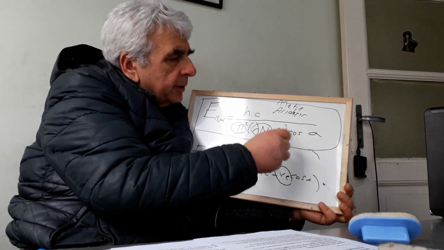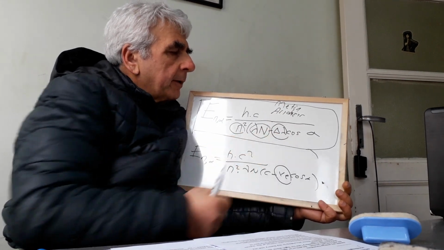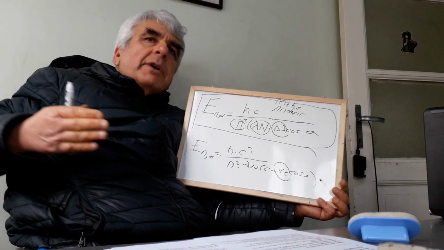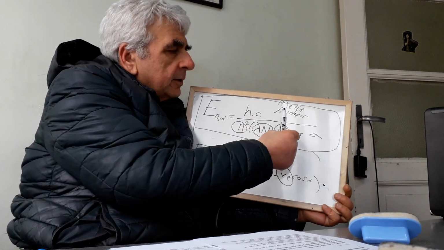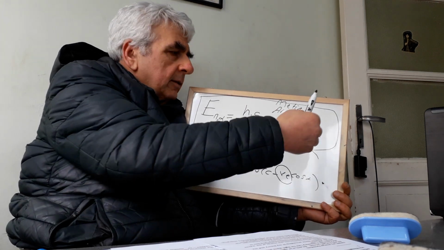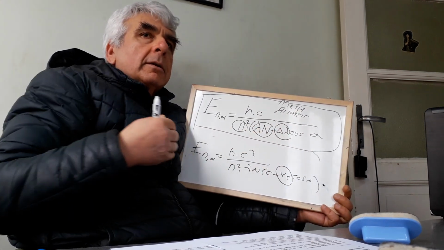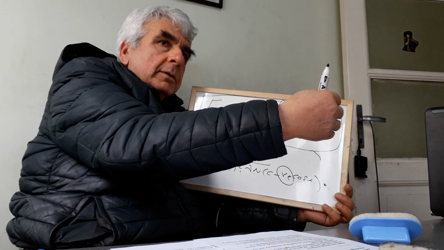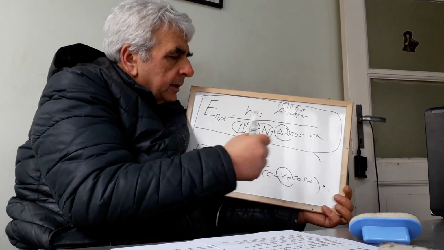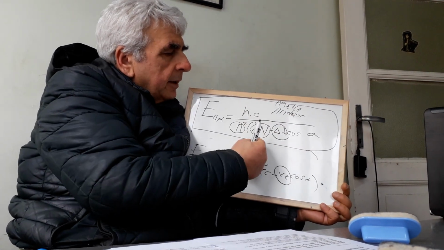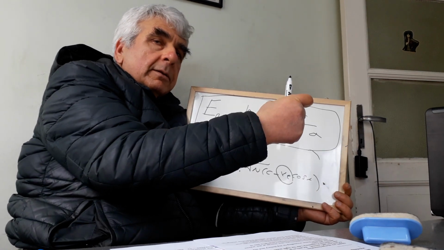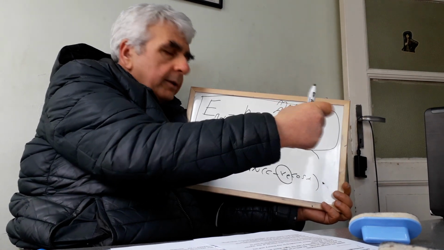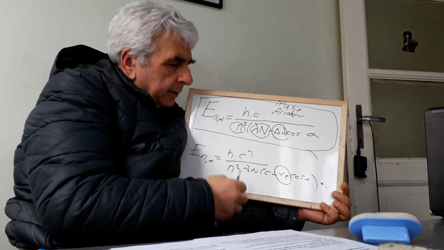I beg your pardon. Here, delta lambda. At the rate of its relocation velocity, delta lambda will enlarge, will be greater, and lambda n minus delta lambda will be narrow. Okay.